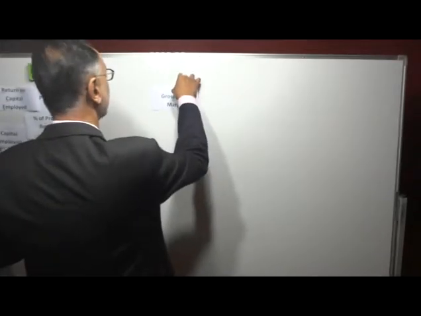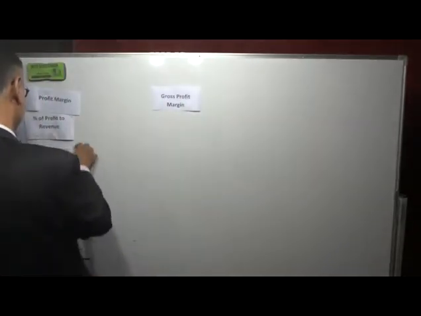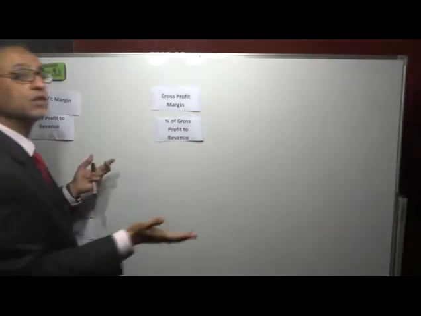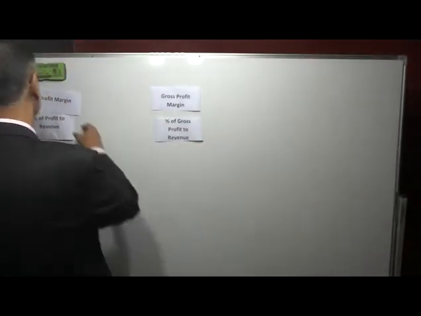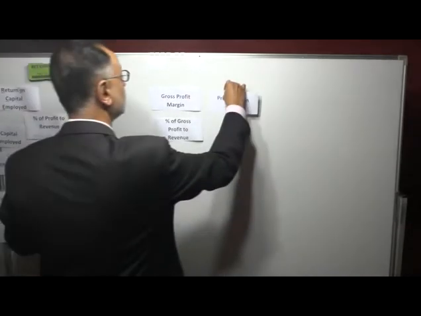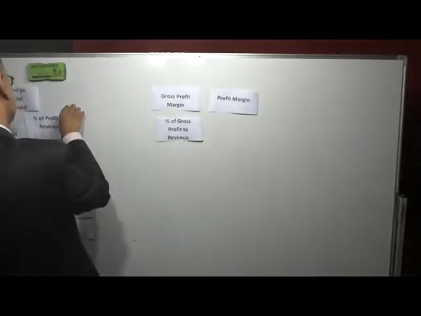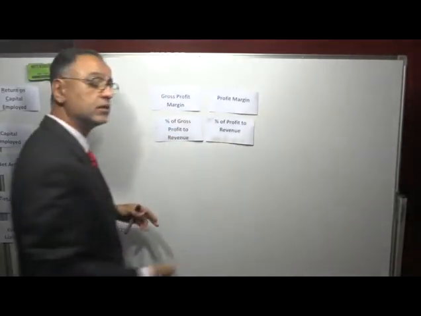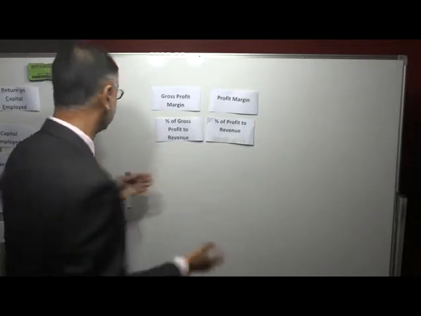First ratio is gross margin profit. They also call it percentage of gross profit to revenue. By definition, you can guess what this is. And also we have what we call profit margin, and they may call it percentage of profit to revenue. It is simple.